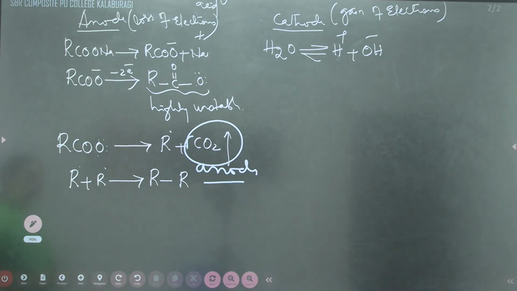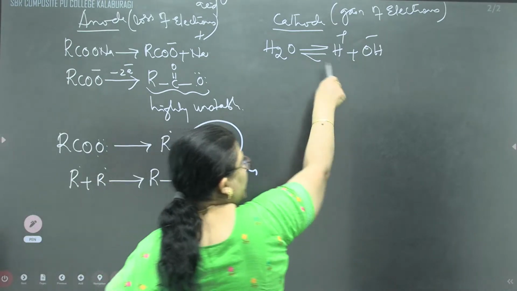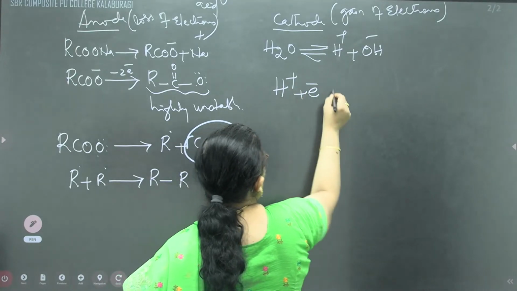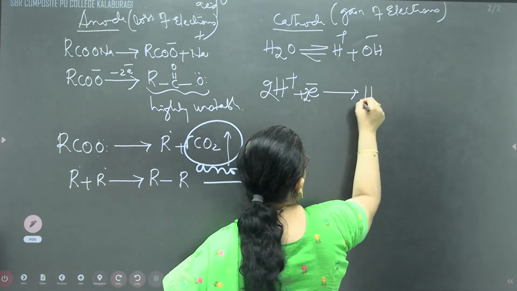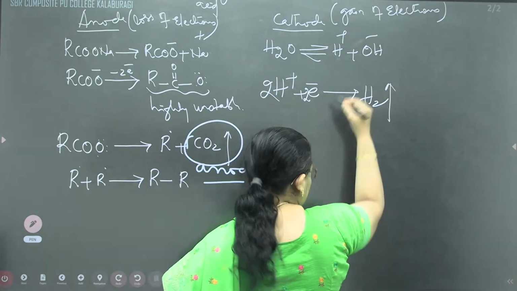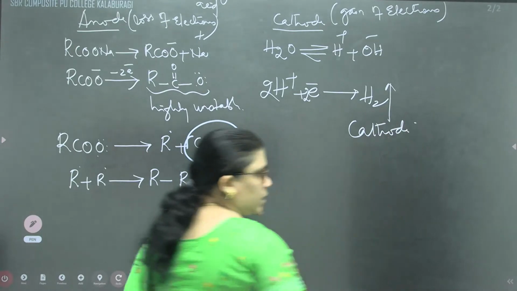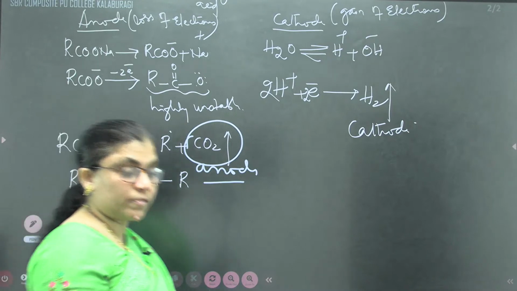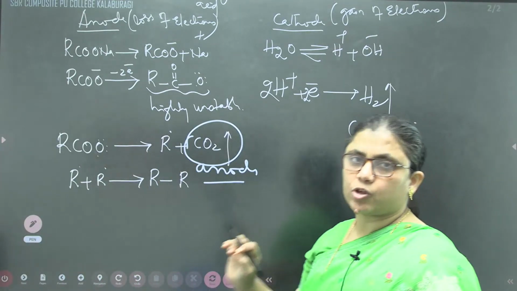In the same way, from H plus and OH minus, H plus will gain electrons; 2 electrons are gained to form H2 gas, and hydrogen gas is liberated at the cathode. In the exam they'll ask for 2 marks: write a note on Kolbe's reaction.